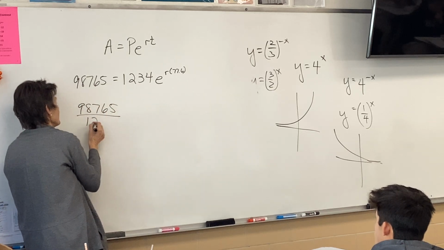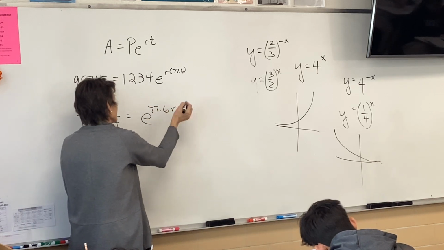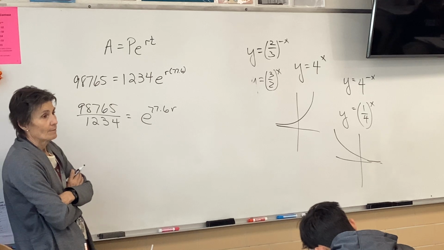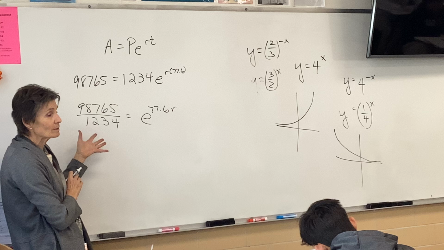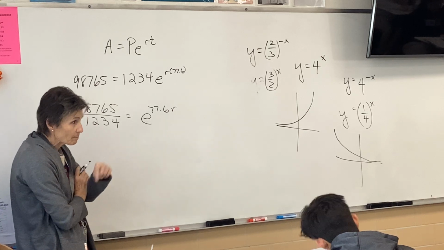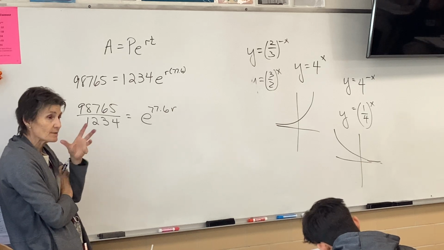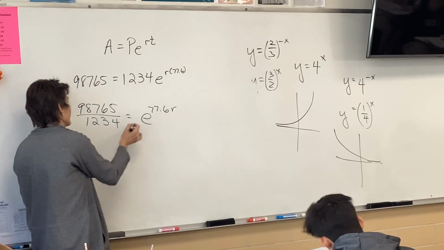98765 divided by 1234 equals e to the 77.6r. Now, don't type that in and round it off, because you're gonna lose points every time you have a round-off error. So let's not do that, we don't need to. ln both sides.